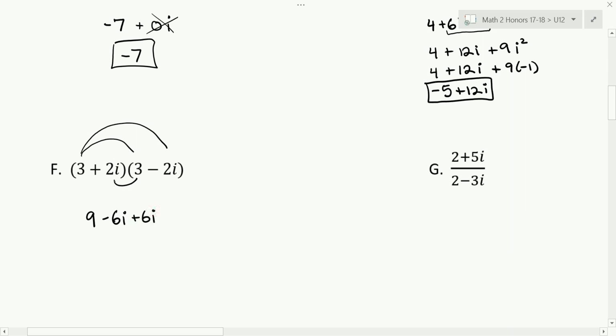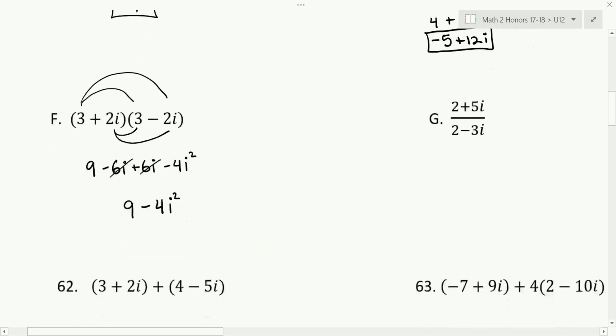And 2i times -2i is what? -4i squared. And so it's -6i plus 6i is 0. And we end up with 9 minus 4i squared. But i squared is -1. So this is -4 times -1. So this really is 9 plus 4, which is 13.